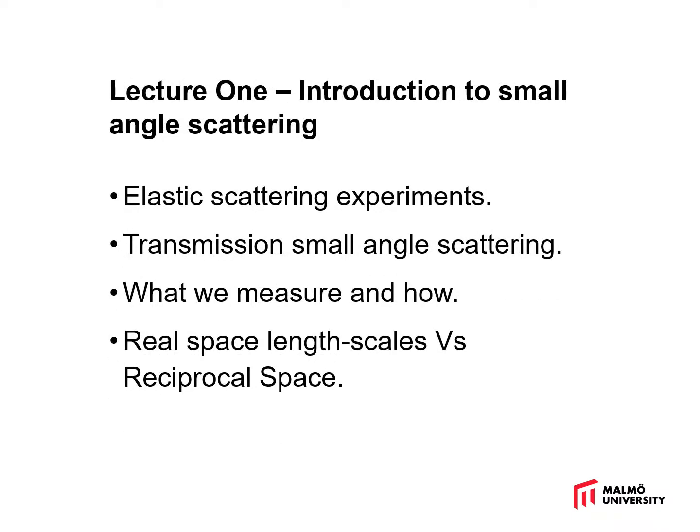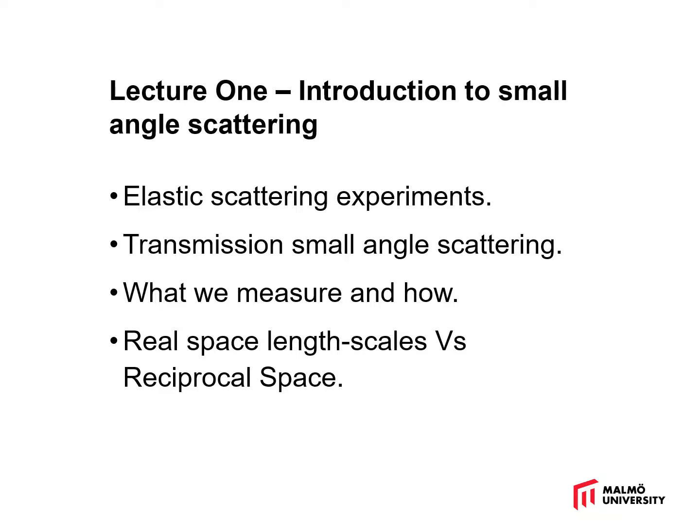So what I thought I'd start with is just to give you an outline of the lectures in broad strokes. There really isn't a very good way to put this narrative because there's bits that chop back and forth. So I'll repeat a lot of things when I think they're important. The first lecture is going to be actually defining elastic scattering experiments, which are a class of scattering experiments.